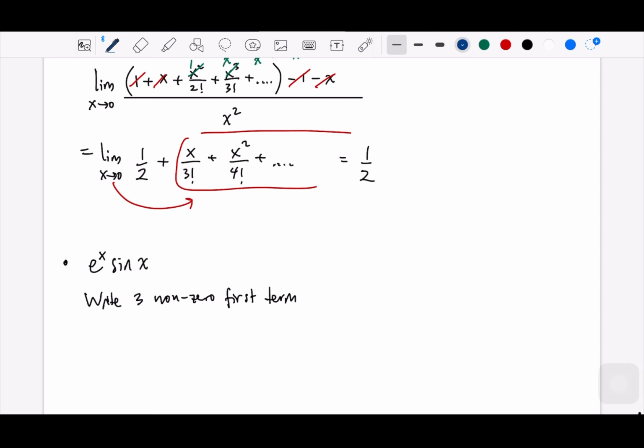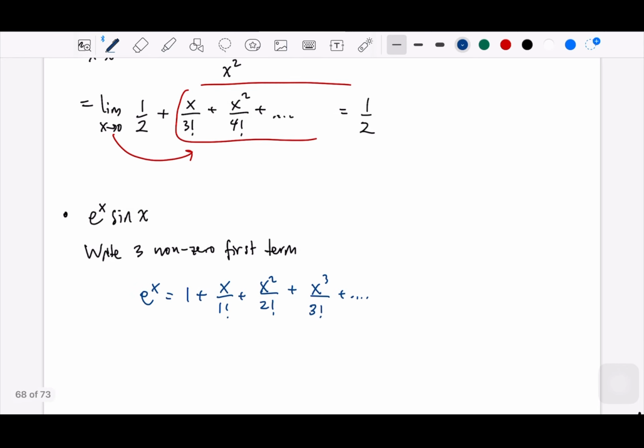Now to look at this e to the x and sine x, we can first write down that e to the x, or maybe let me write until 3. And then we have sine x. Sine x starts with x, right? And then the second part is 0, and then we have the third part. So we can say it's negative here, it's 3 factorial, right?